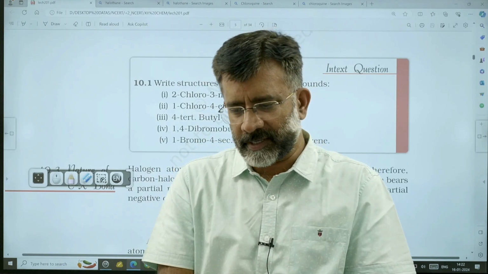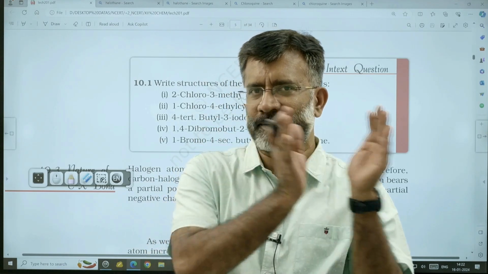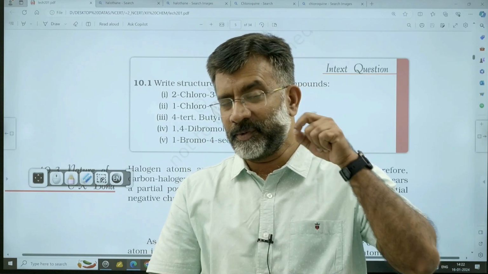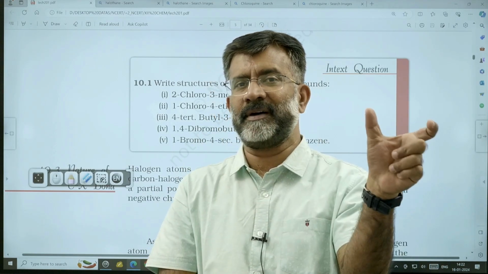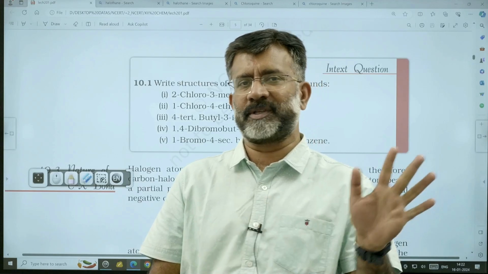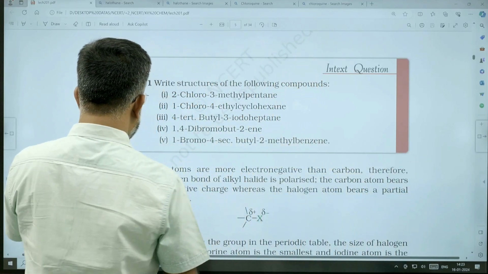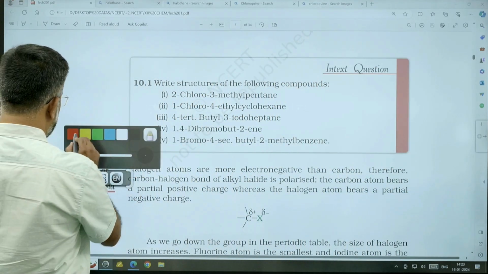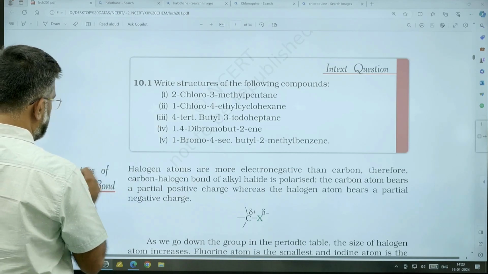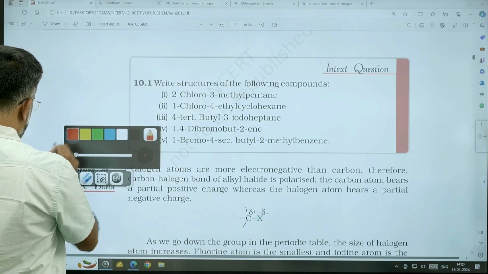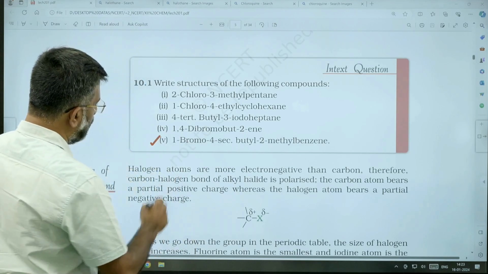Usually I say, when the structure is given, try to write the IUPAC name. When the IUPAC name is given, try to give the structure. Do both.